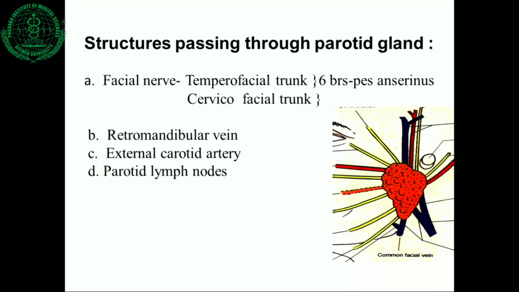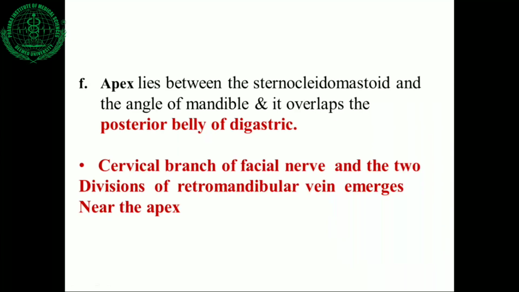The apex of the parotid gland overlaps the posterior belly of the digastric muscle. So here in this PPT, all of you can see this is the apex of the parotid gland facing downward.